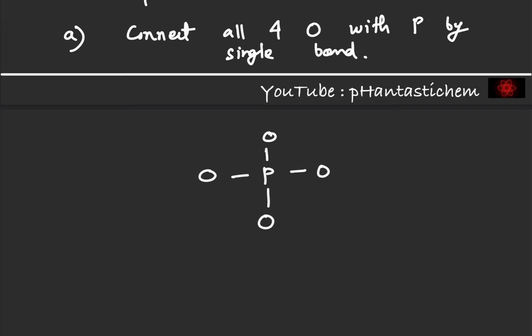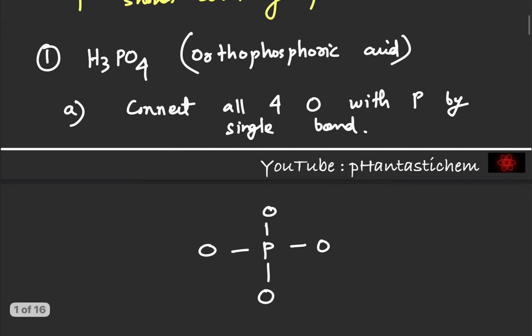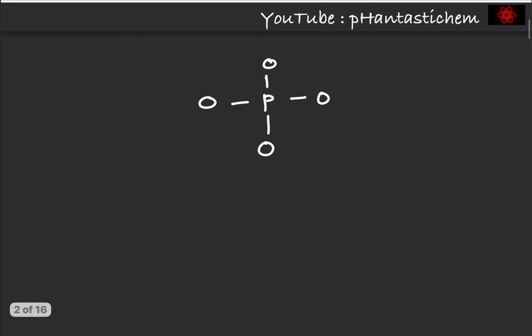And then connect the 3 hydrogens. There are 3 hydrogens in the formula, and we connected 4 oxygens because there are 4 oxygens in the formula. Then connect 3 hydrogens with oxygen by a single bond.